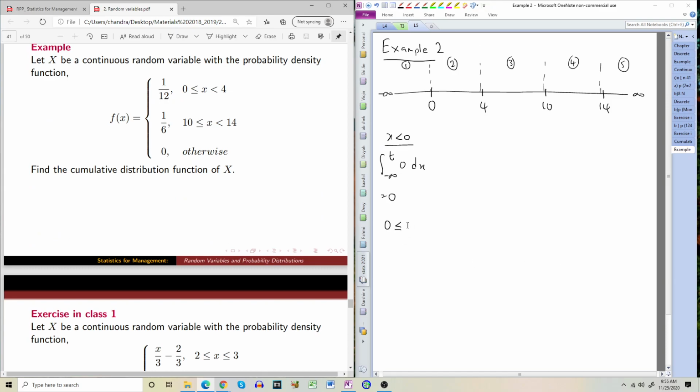Next interval, example 2. I'm integrating from here to here. I stop here.